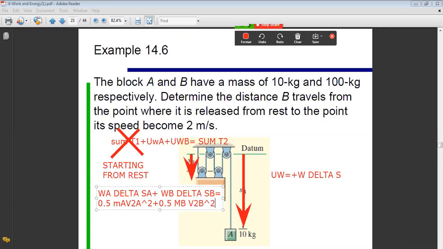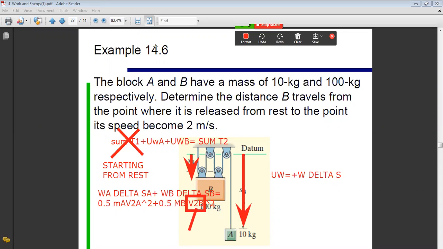So in this equation, what are the unknowns? First, they said we want to calculate the distance B travels when its speed becomes 2 meters per second. So what is V2B? V2B is 2. So we know the value of V2B. V2B can be replaced by 2 meters per second.